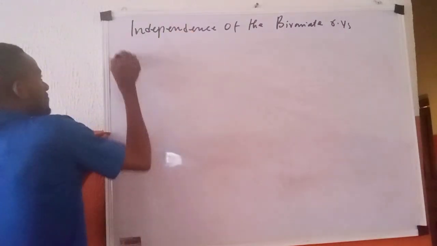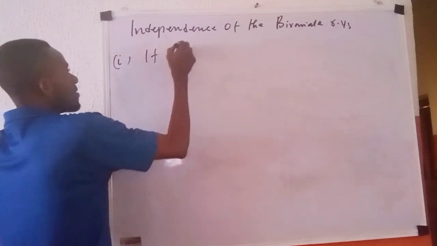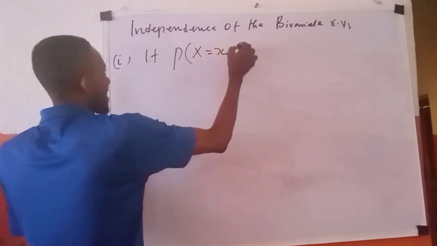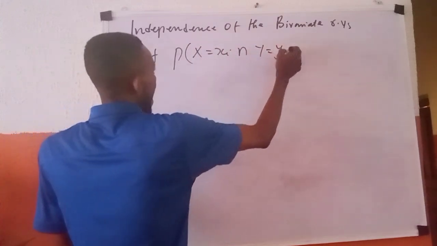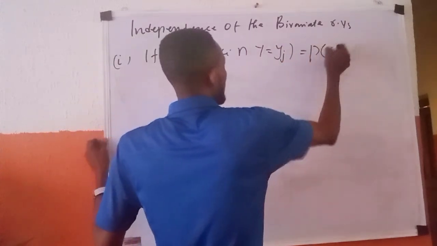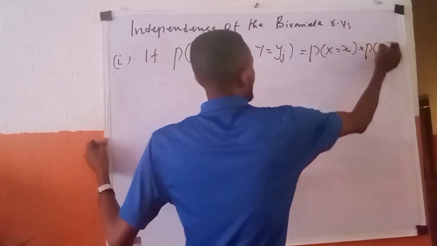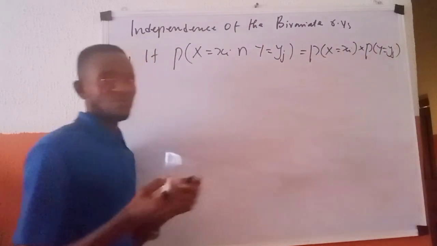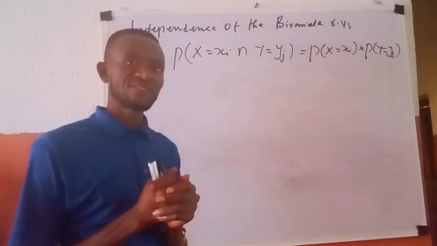Number one is if P of X equals xi intersection Y equals yj equals the probability of X equals xi multiplied by the probability that Y equals yj. If this happens, we say that X and Y are independent.